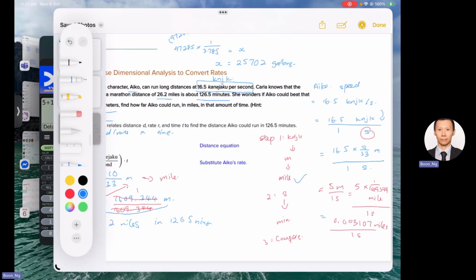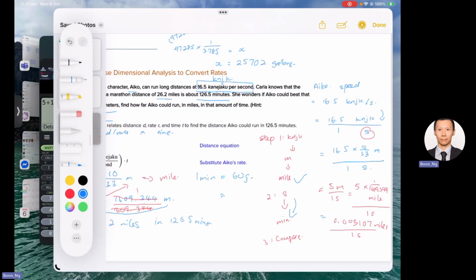Okay, now we need to convert seconds into minutes. We know that 1 minute equals 60 seconds.